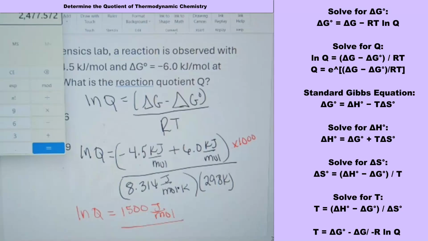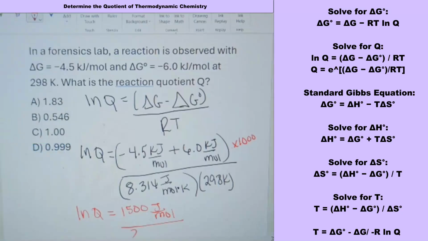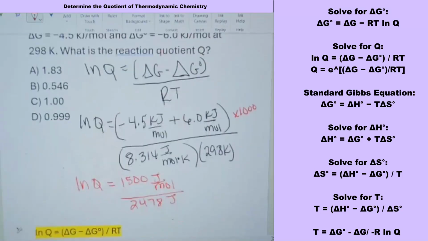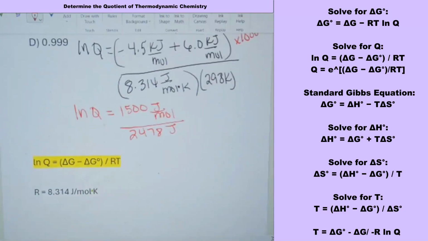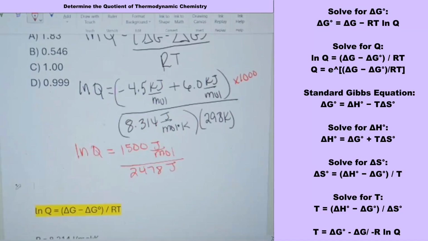Okay, we're just going to round it off to 2478 joules per mole, okay? And all you have to know now, of course, you're left with Kelvin here. You know your joules per mole cancels out.